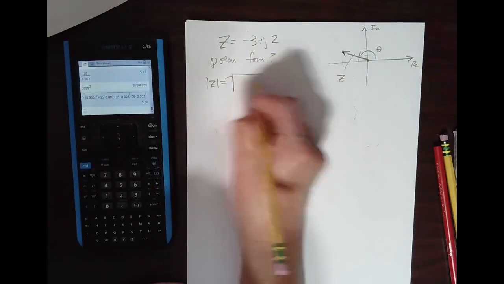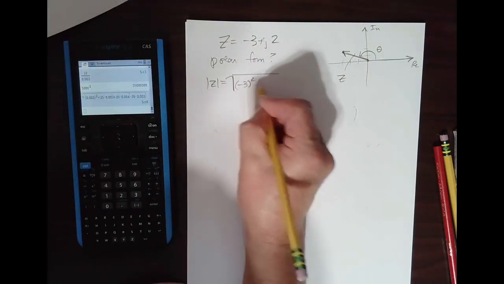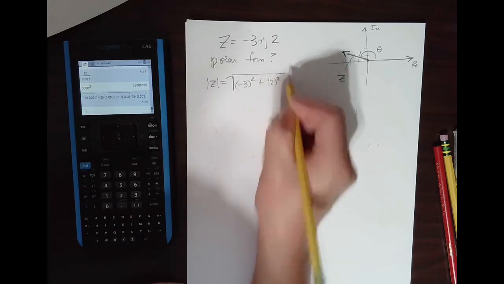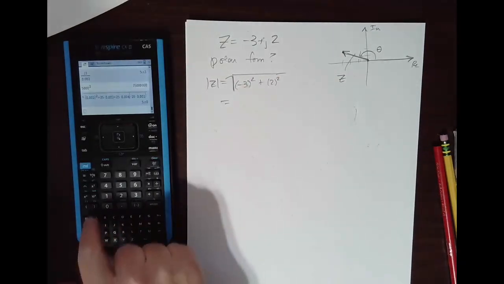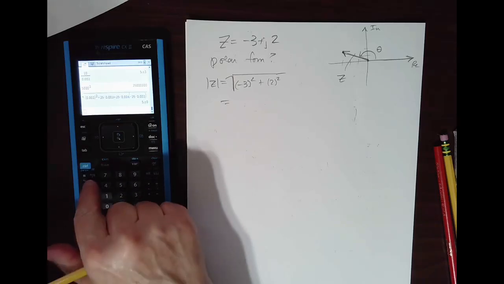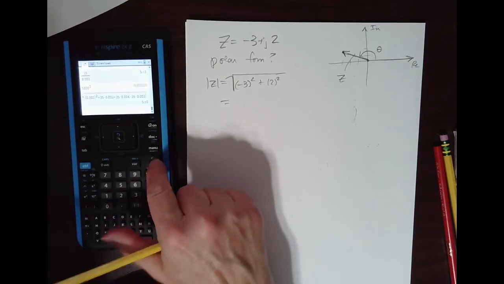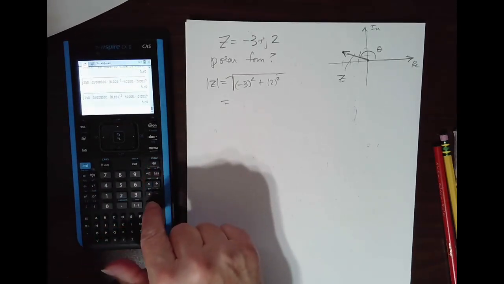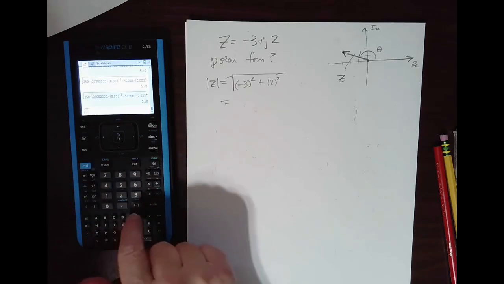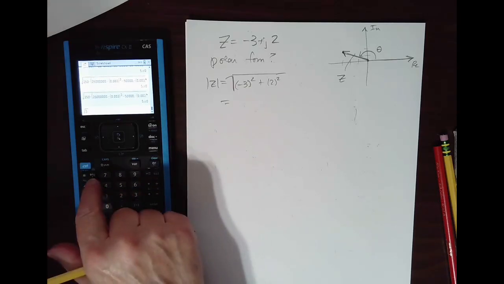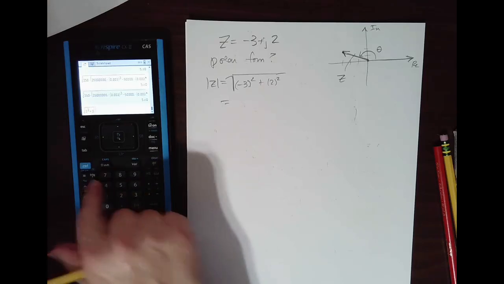Let's go ahead and do the magnitude of z first. It's the easy one, right? Square root of -3 squared plus 2 squared, which is the same as 3 squared plus 2 squared.